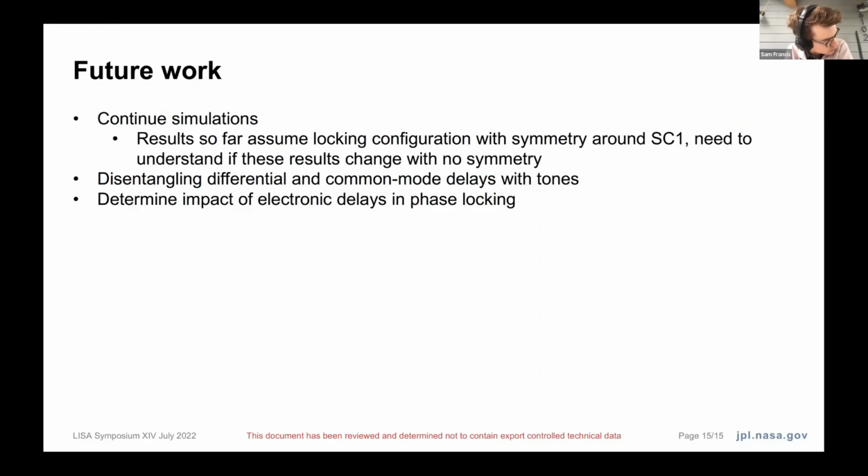Yeah, I suppose some of the initial thoughts came out of those JPL LISA testbed experiments, which were an optical testbed with FPGAs, FPGA phase meters measuring the laser frequency noise. It was found in the analysis of the data taken there that these additional electronic delays needed to be accounted for.